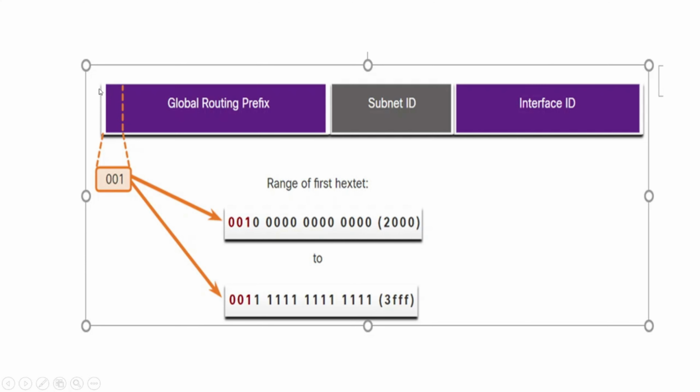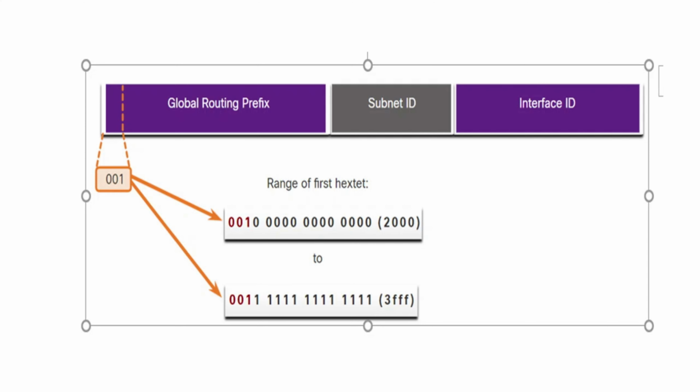So in the prefix, there is this part, 001, which is known as the global routing prefix. This is assigned by the ISP, the Internet Service Provider. It is given to the customer or to any site.